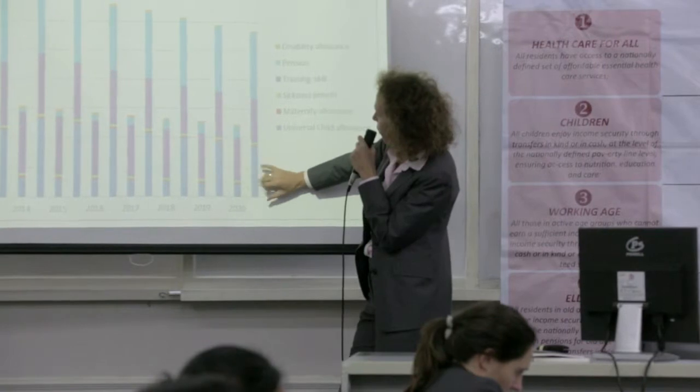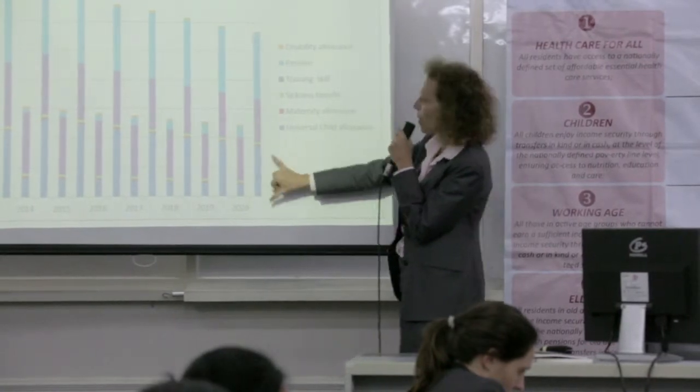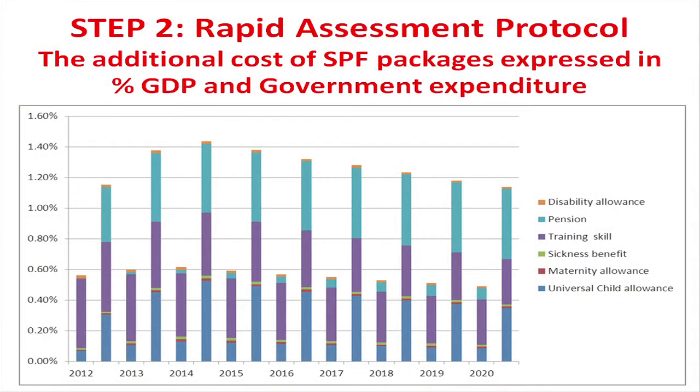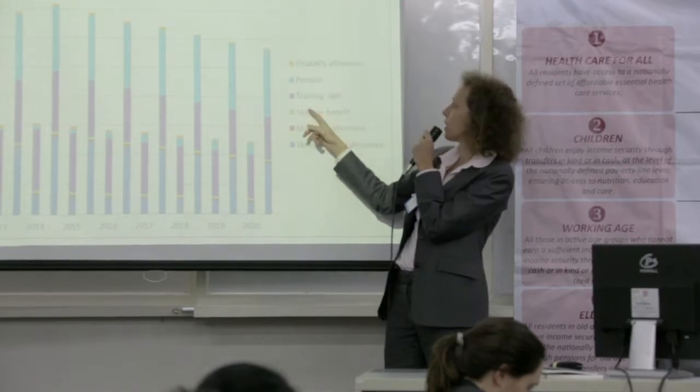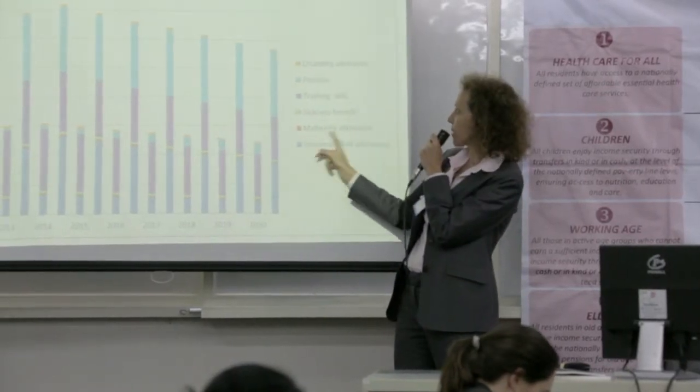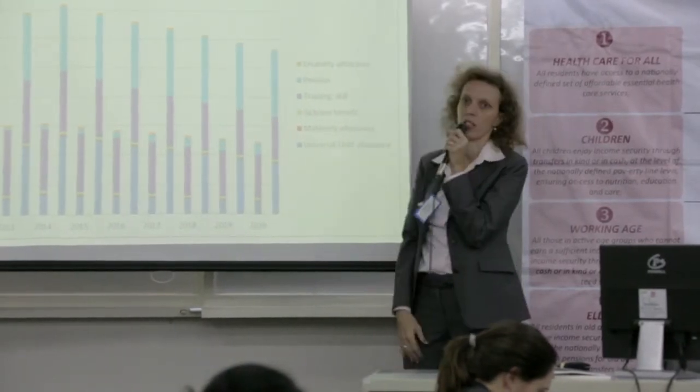So here you have, it's not only one benefit package that will cost it, but a series, a whole set of benefit packages. So we costed, for instance, a package which includes disability allowance, pension, skills development, sickness benefit, maternity allowance, and universal child allowance.